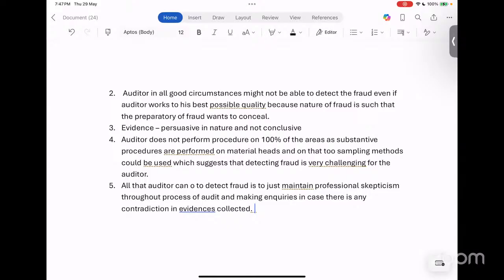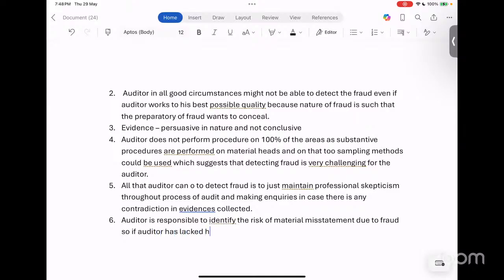So what we can say is, overall, the auditor is responsible to identify the risk of material misstatement due to fraud. So if the auditor has lacked his duty of care, so you all know that in ethics, we have professional competence and duty of care.